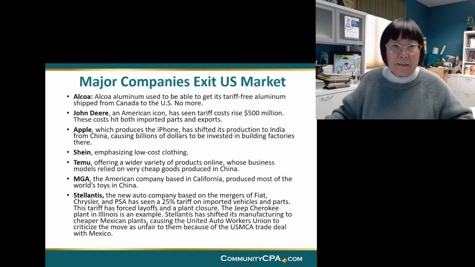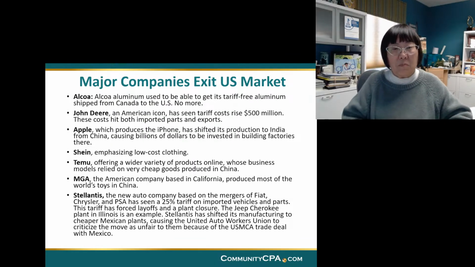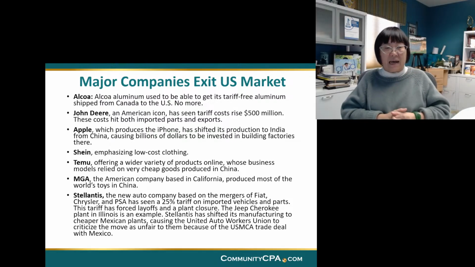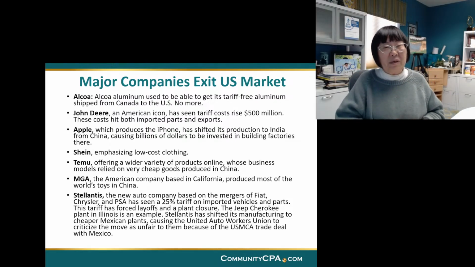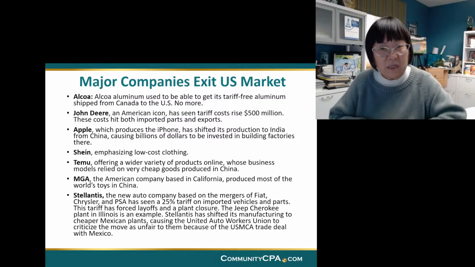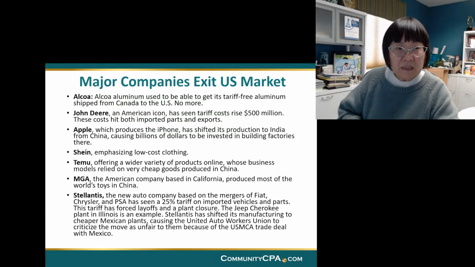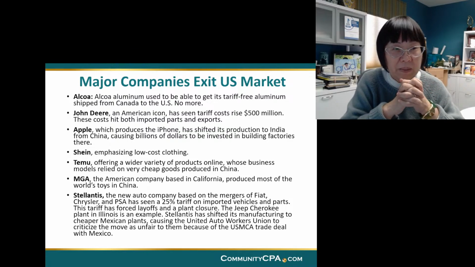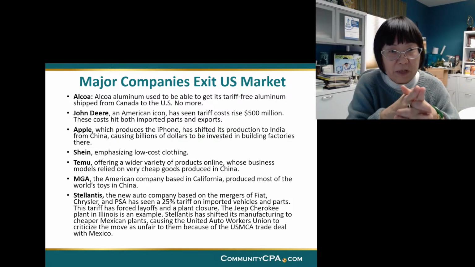Major companies have already exited the U.S. market. These are companies you can find on the news, so I'm just collecting them for you. The first company is actually an aluminum company related to aircraft.